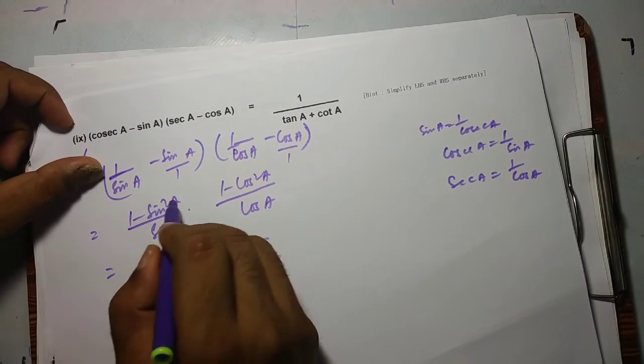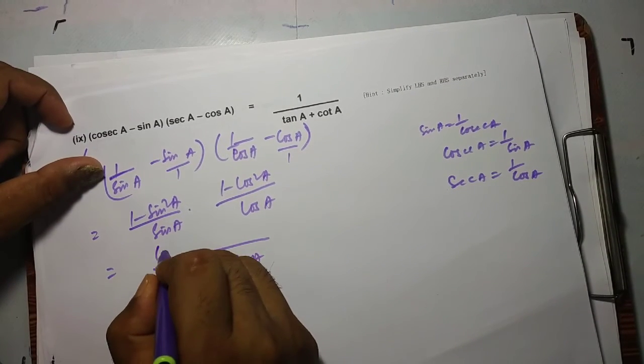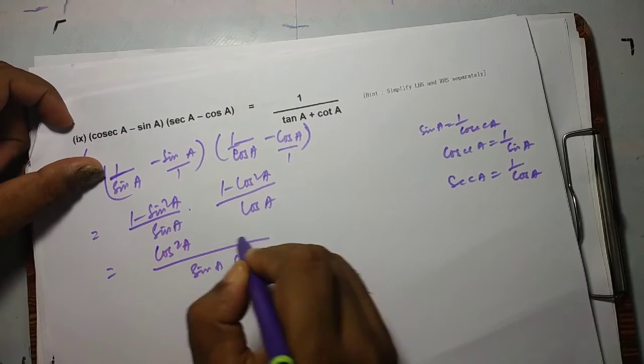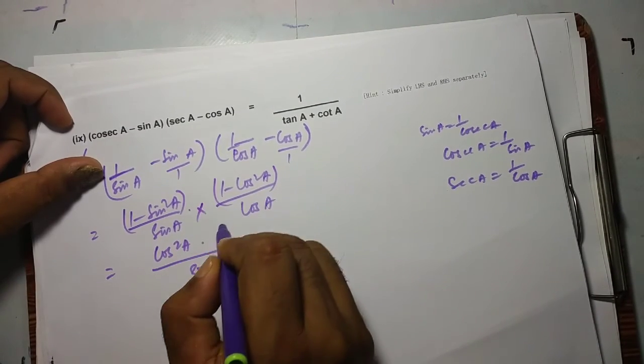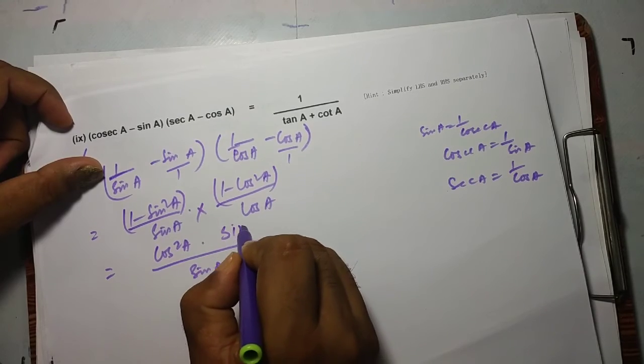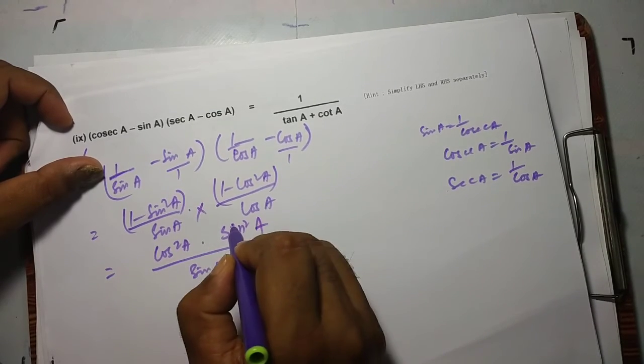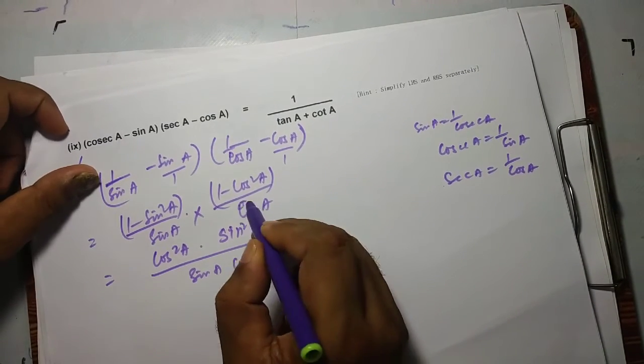So this is 1 minus sin square A, which equals nothing but cos square A, and this is multiplied with the same, and this is sin square A. 1 minus cos square A is nothing but sin square A. Okay?